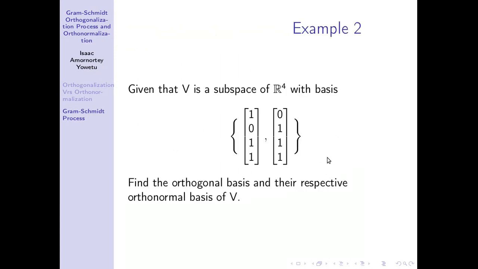And then we have example 2 here, which says what? Given that v is a subspace of R4 with bases that we have here, 1, 0, 1, 1 and 0, 1, 1, 1. Find the orthogonal basis and their respective orthonormal basis.